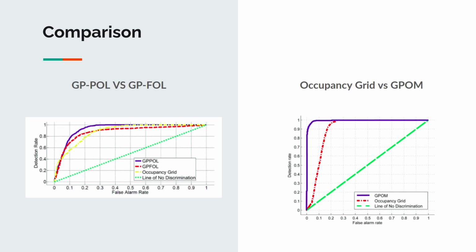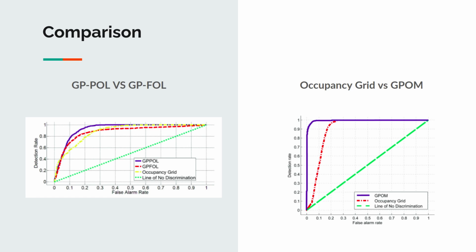The Gaussian process occupancy map is performing relatively well compared to occupancy grid. We can see that the Gaussian process occupancy map produces a true positive rate of more than 90% for a very insignificant false positive rate, whereas occupancy grid reaches 90% true positive rate only when the false positive rate reaches 20%.